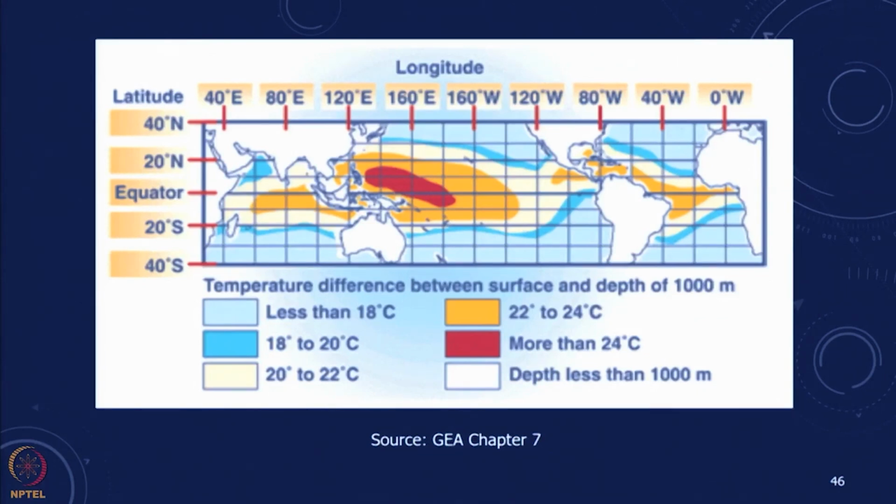The advantage is that we have a large volume of water, and even though the temperature differences are relatively small, in the sense that we are looking at temperature differences of 18 to 20 degrees, because there are large volumes, we can generate a reasonable amount of energy.